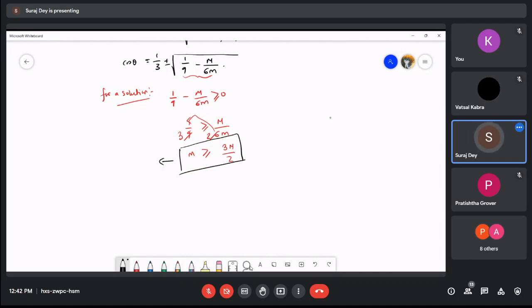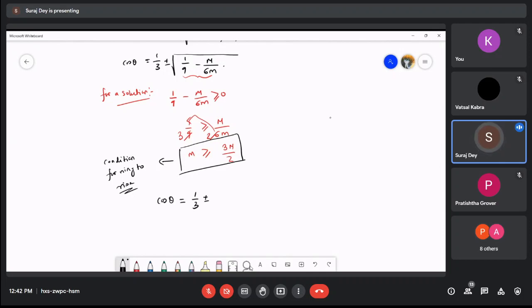So this is what the ratio of the masses should be for the ring to rise. And you can find at what angle it happens from this relation.